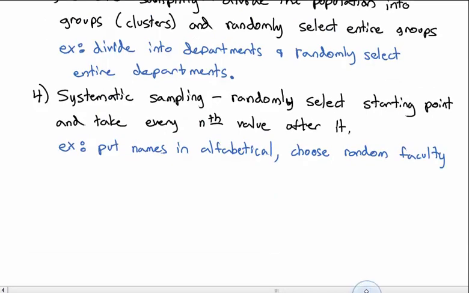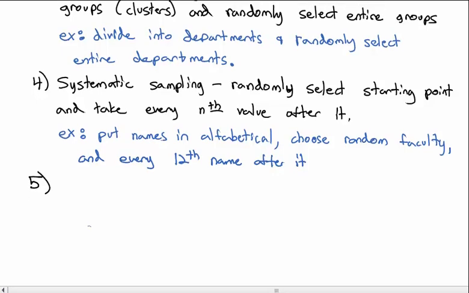The screen keeps jumping around on me. Sorry about that. Choose a random faculty, and maybe every 12th name after. So we go down the list 12 names and select that person. Down the list 12 names and select that person. If we get to the end, we go back to the beginning and keep counting until we get enough people that we want. So it's kind of random, but there was a system to that random sampling.